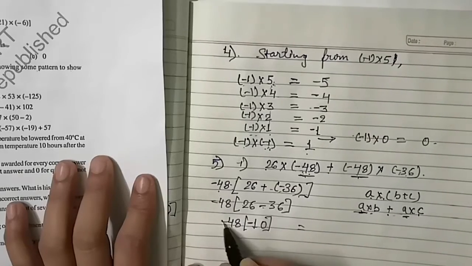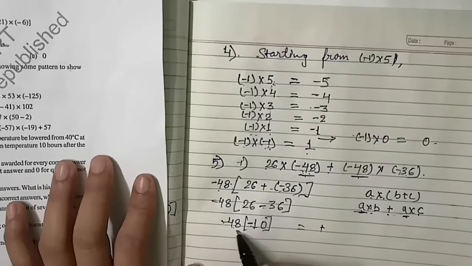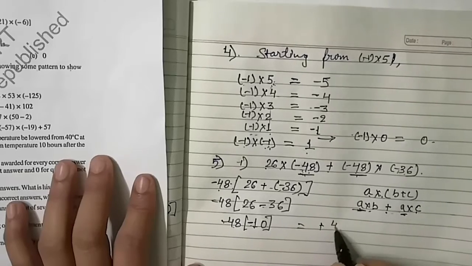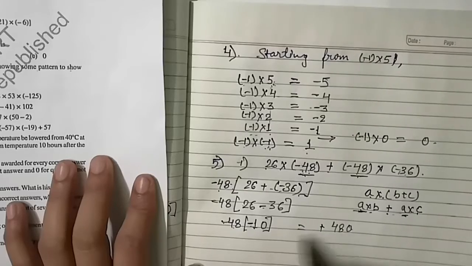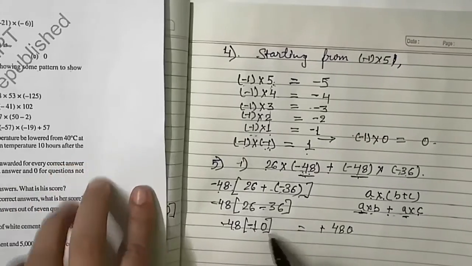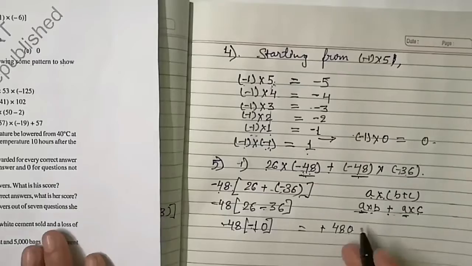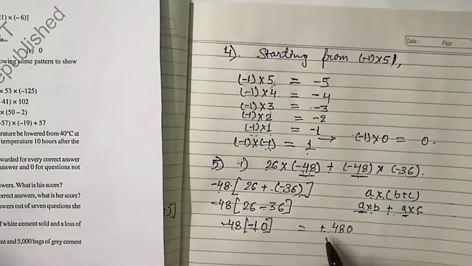Now minus minus will be plus, and when we multiply 48 by 10, we get 48 and 0 also. Take 48 1 ja 48 and 0 we will put at last, and it will be plus sign.